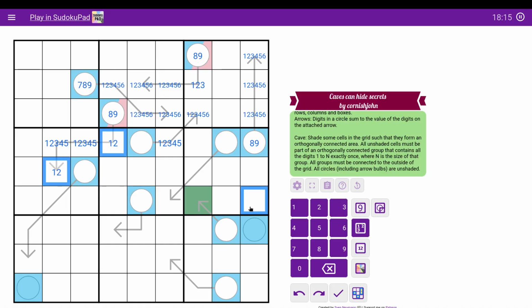If this digit is here, that seems unlikely. No? Okay. I lost track of where I was saying. I wanted this digit to be high. These two digits cannot be here nor here.